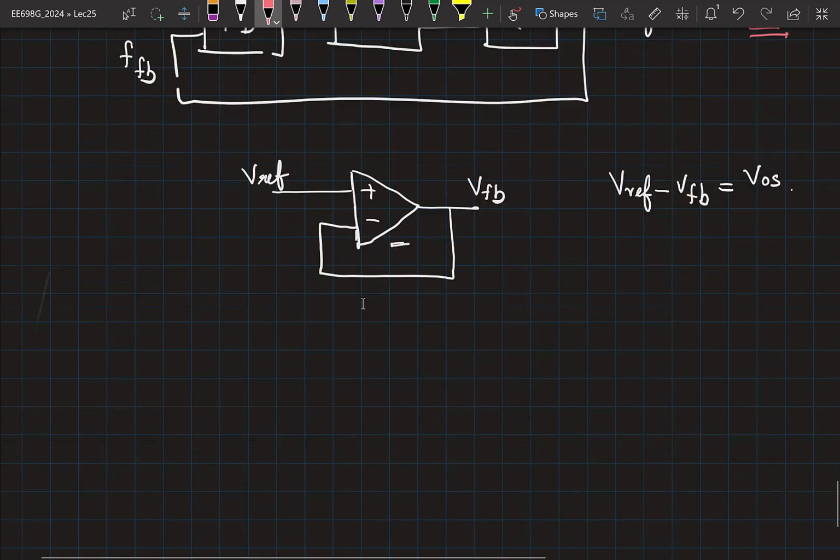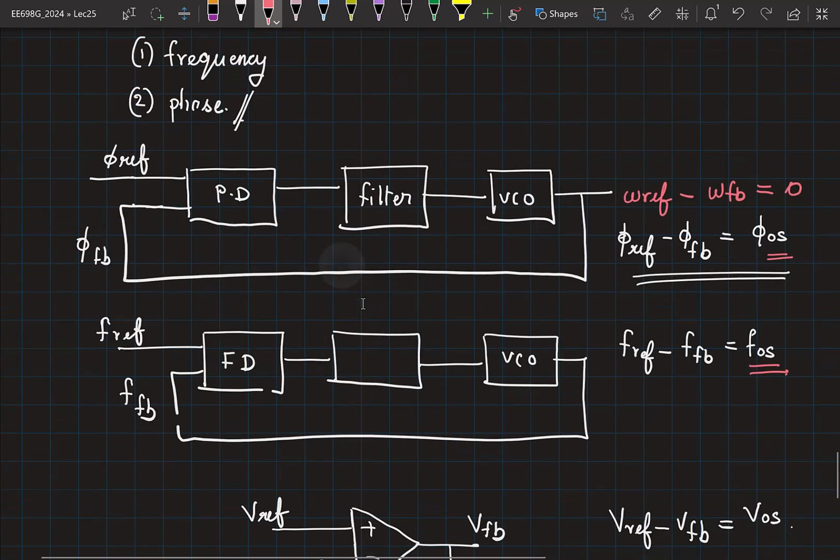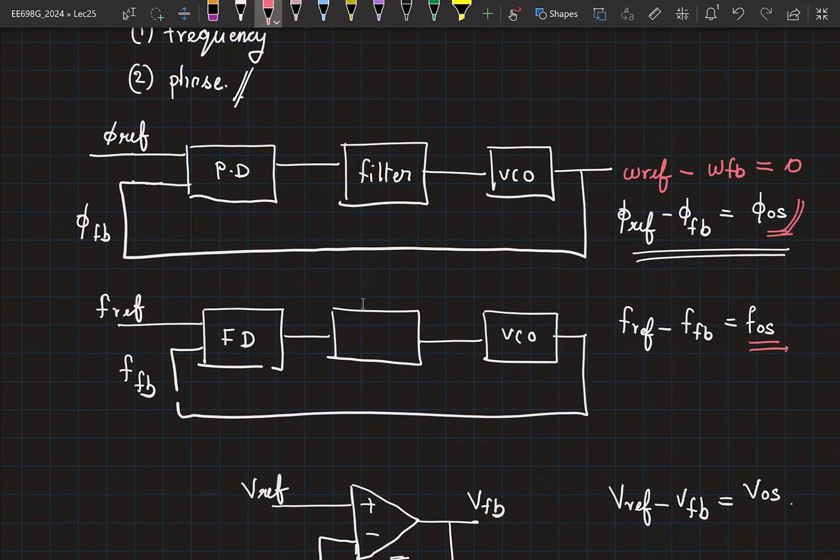Another nice way to understand this is, how can this offset be constant? It is constant for a given PVT. So when you were designing your DLL, you had a static phase offset, right? And that static phase offset for a given process, voltage and temperature was constant.